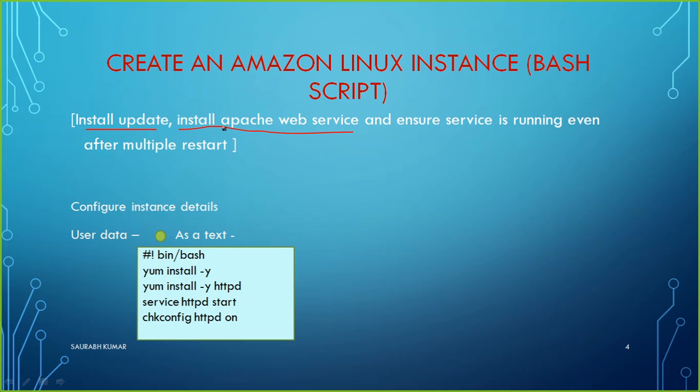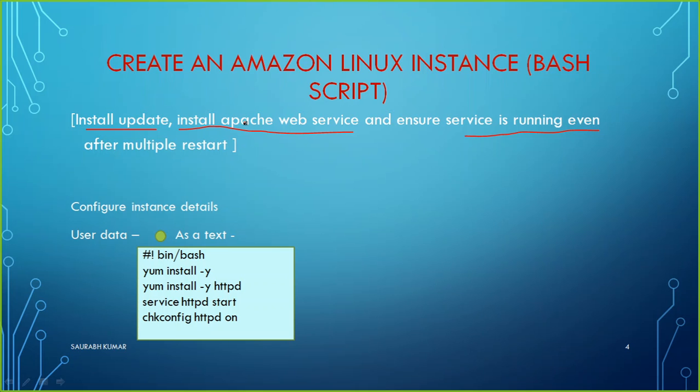For example, I have taken the example of Apache, where maybe you want to make that instance a web server. Plus maybe you want to ensure that even if this instance gets restarted, this Apache service should always be running. Whenever the machine restarts, this particular service should be started automatically.